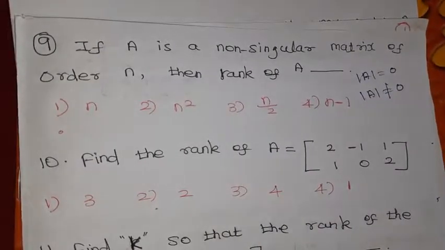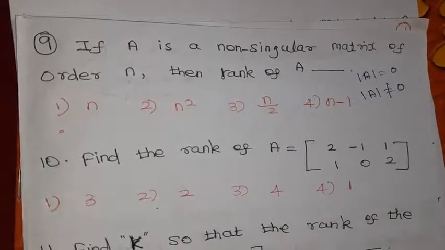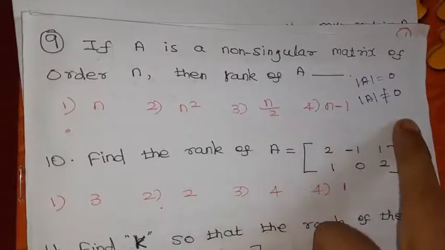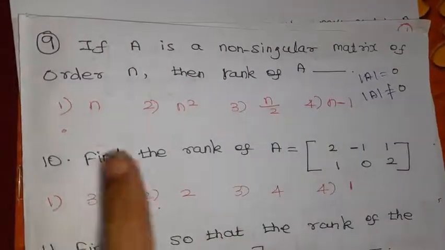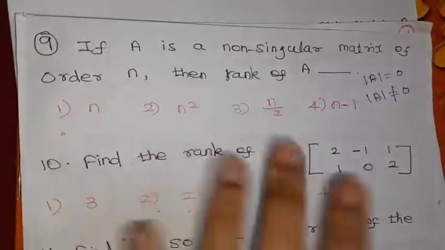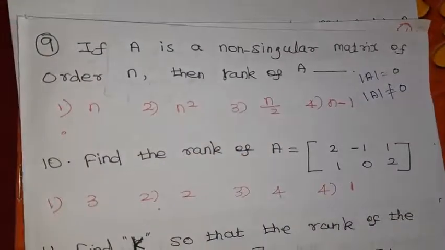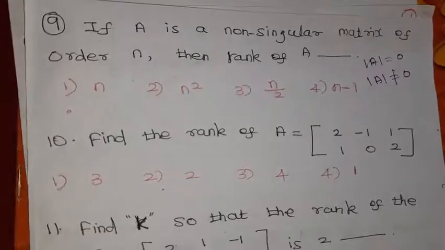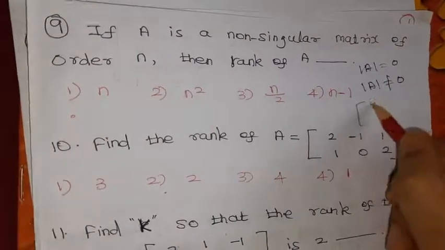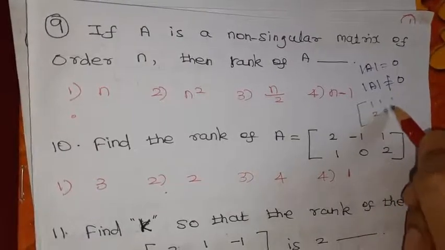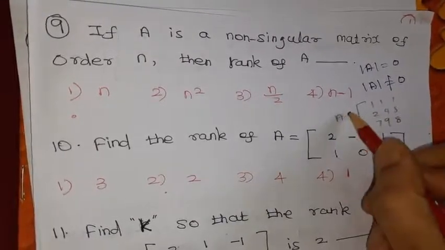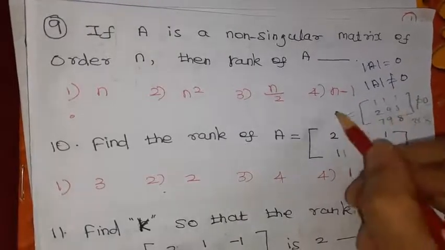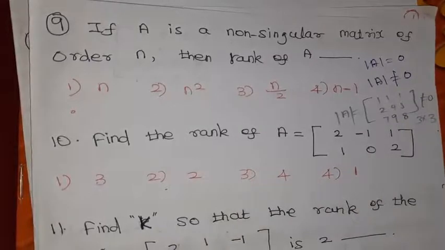So if it is not equal to 0, what is given in the question? The rank of A. It is an n cross n matrix, order n. Let us take an example of some 3 cross 3 matrix, 1 1 1, 2 4 5, 7 9 8, like this. If the determinant is not equal to 0, it should not vanish.